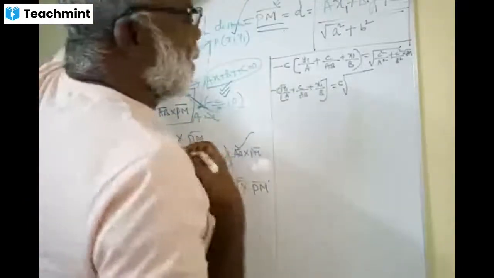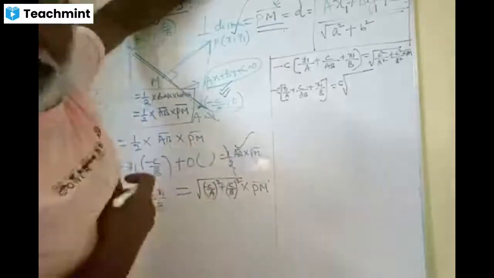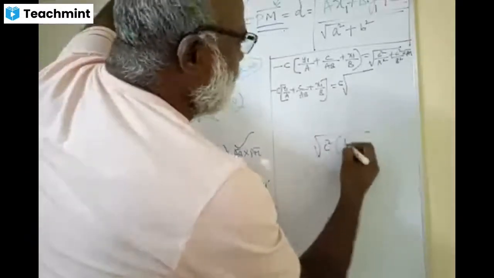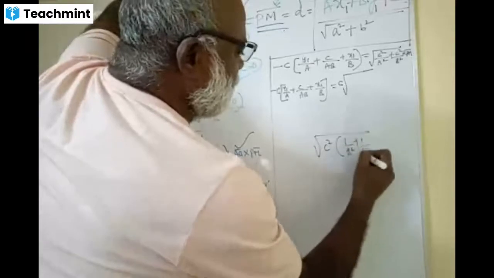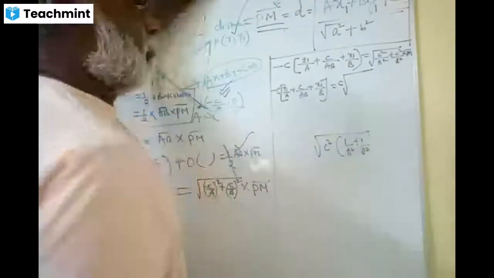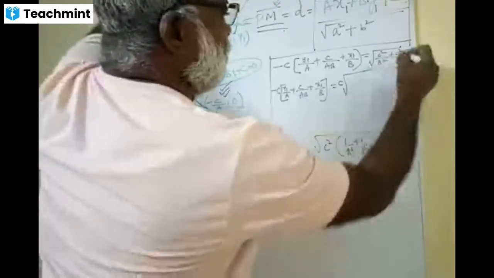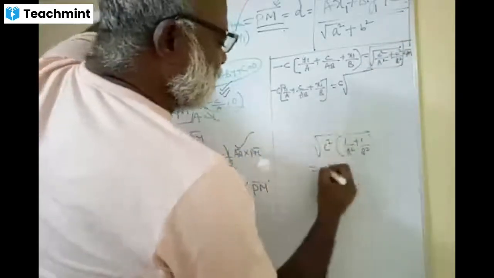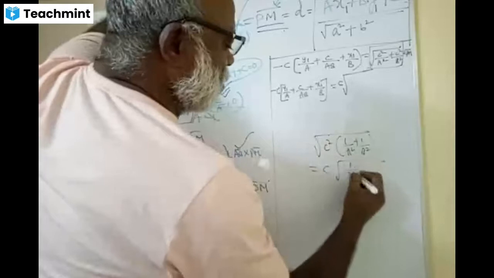C. Yes or no? C square, if you take common, 1 by A square plus 1 by B square. Do you agree? Yes, sir. So when C square comes out of the square root, what happens? C into root of 1 by A square plus 1 by B square. Yes or no?